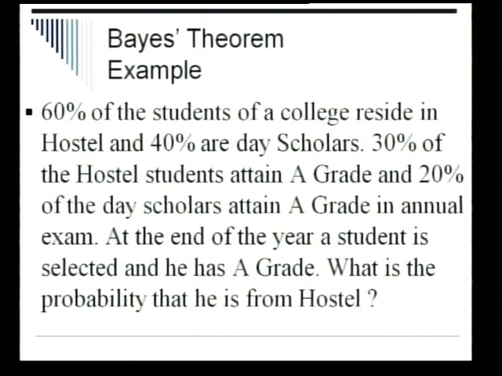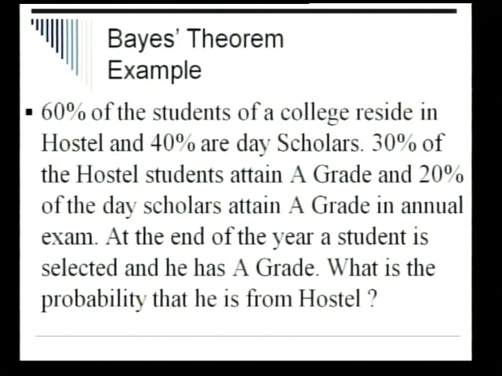Let us take this: 60% of the students of a college reside in a hostel and 40% are day scholars. 30% of the hostel students attain an A grade and 20% of the day scholars attain an A grade in the annual exam. At the end of the year, a student is selected and he has an A grade. What is the probability that he is from the hostel?